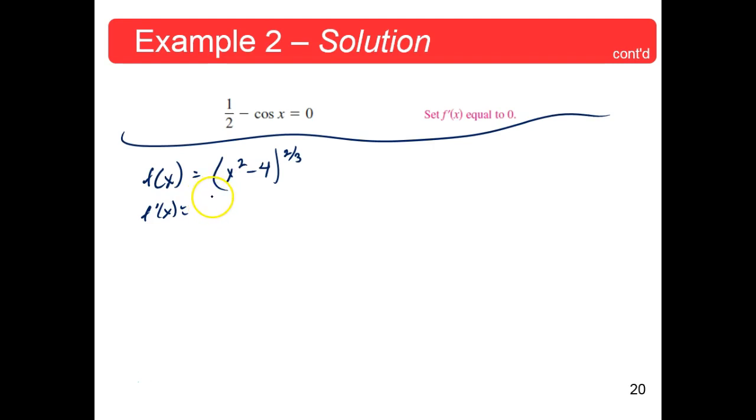So what does that produce? 2/3 times x squared minus 4 to the negative 1/3 power times, what do you say? 2x, perfect.